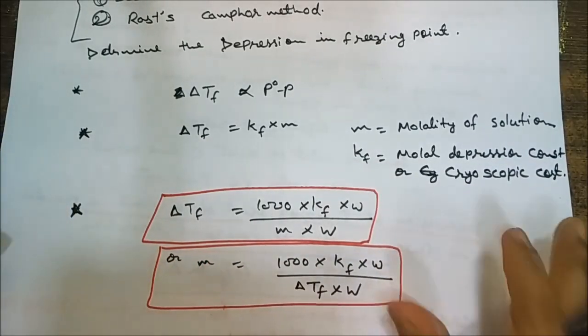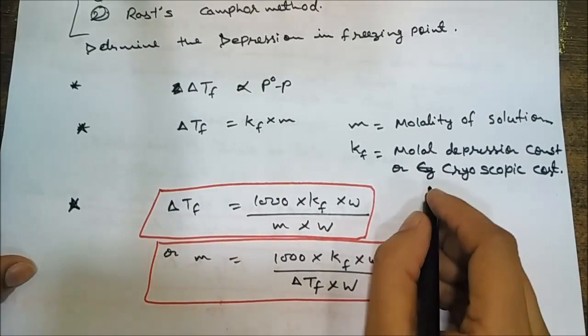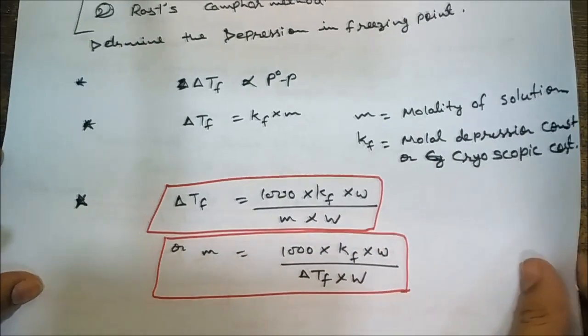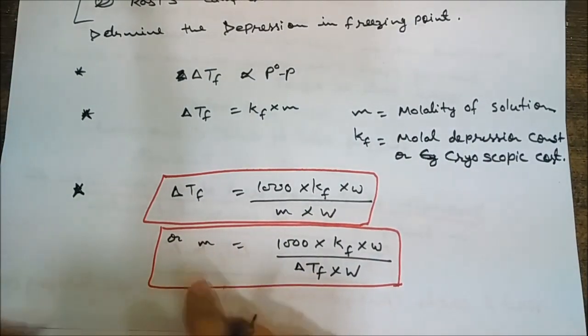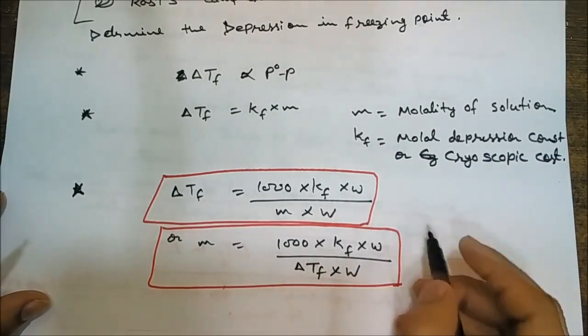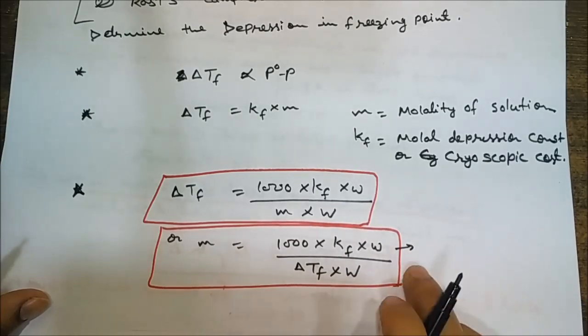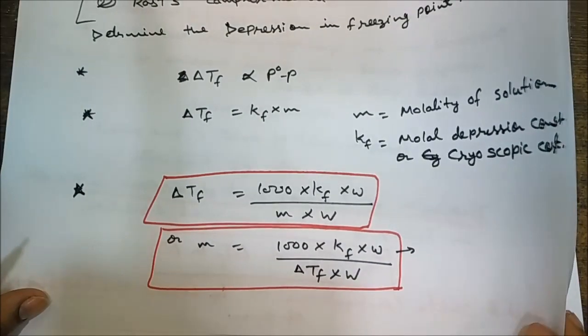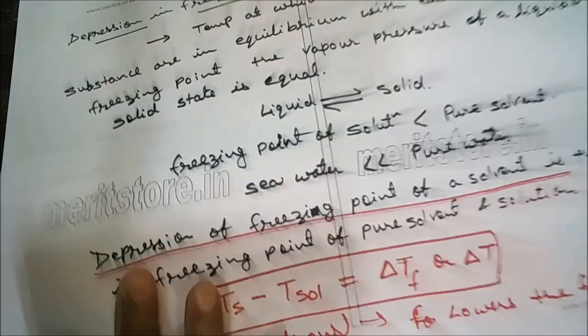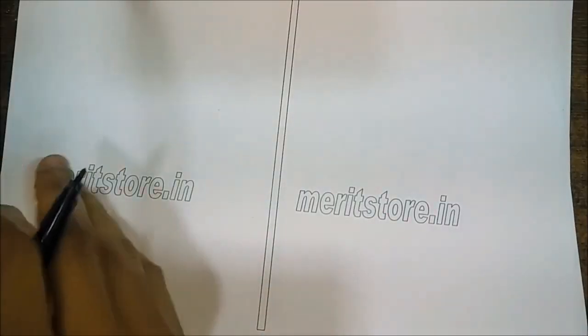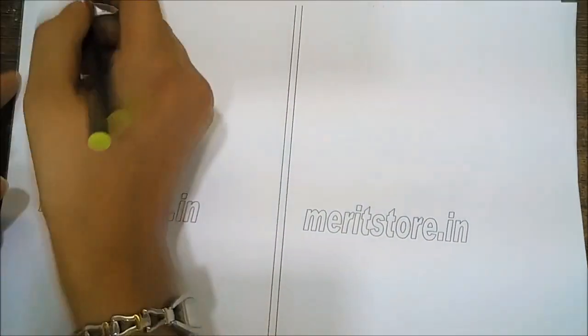Here m is our molality of solution, and w is the weight of solute and W the weight of solvent.